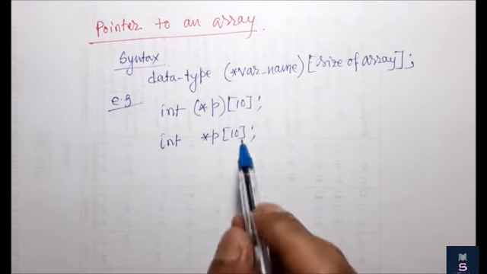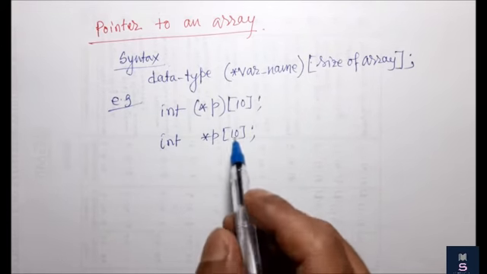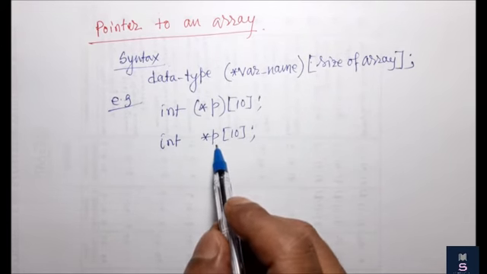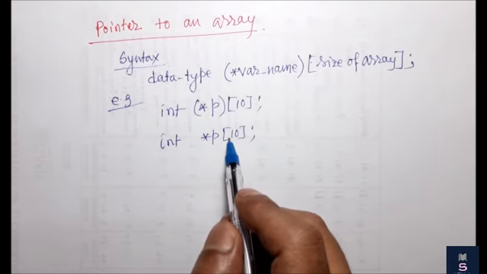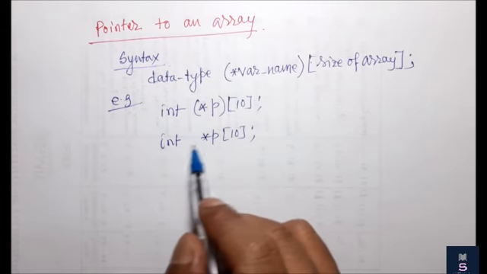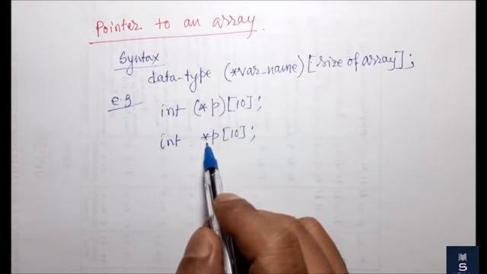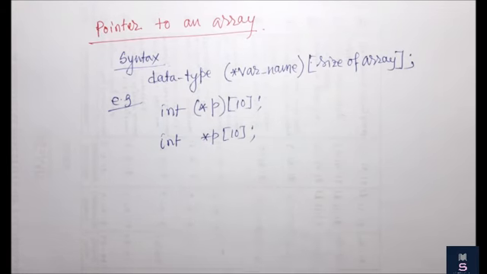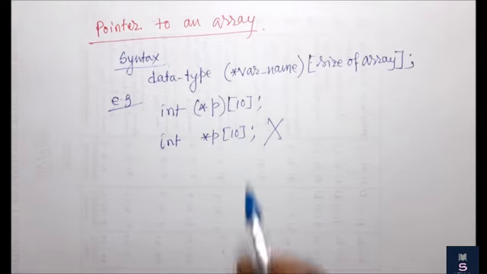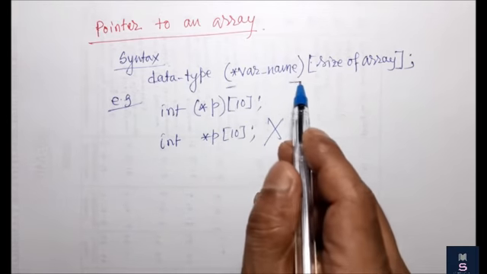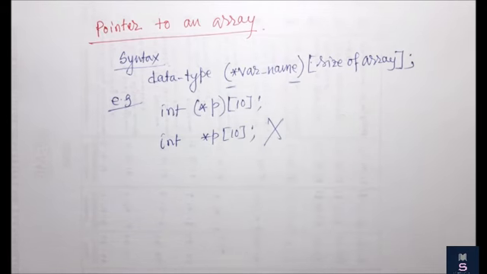This is not a pointer to an array declaration. Here p is an array of size 10, and it holds integer pointers. That is a different thing, and this is not acceptable as a declaration of a pointer to an array. So the bracket plays an important role when you declare a pointer to an array.